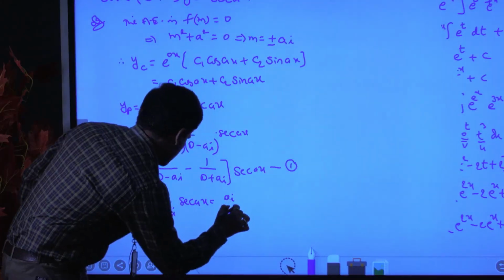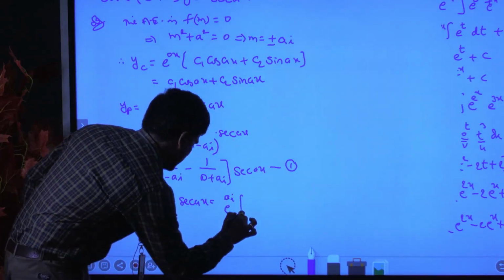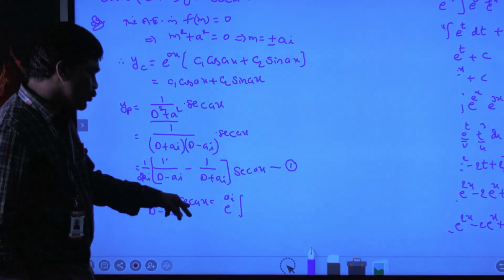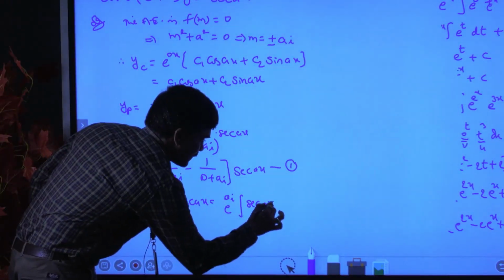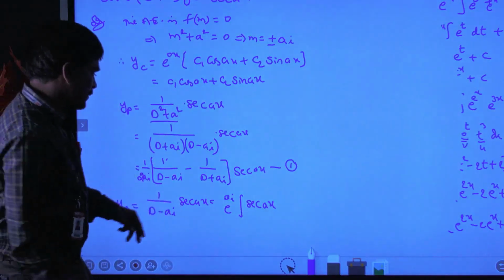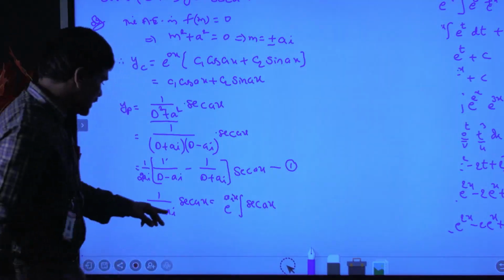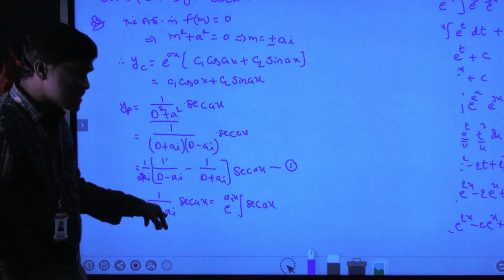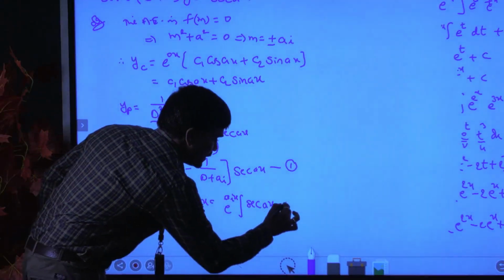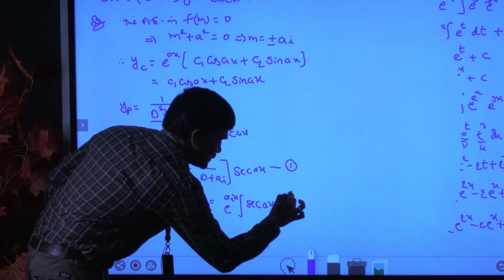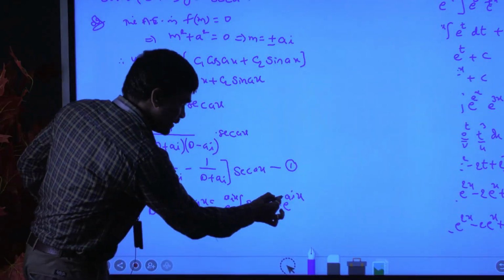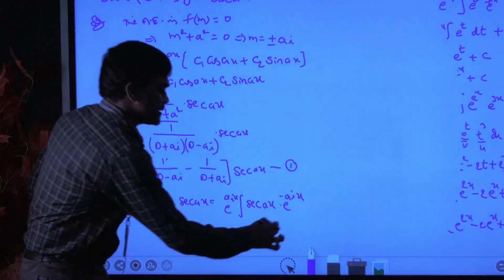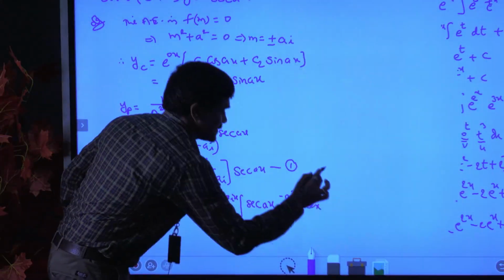So we have 1 by D minus ai, integral of Q, where Q is secant ax, into e power minus alpha x, so e power plus iax, into e power minus iax dx.